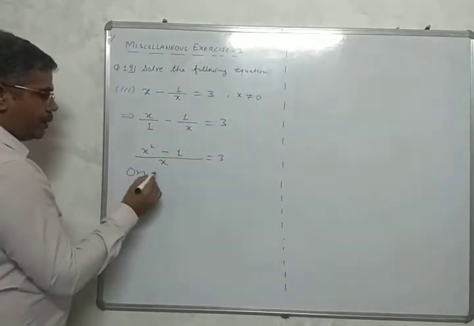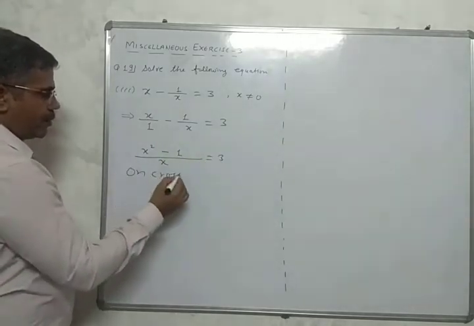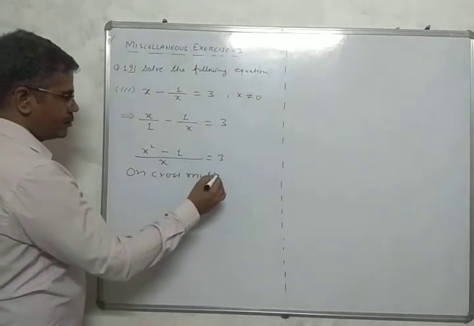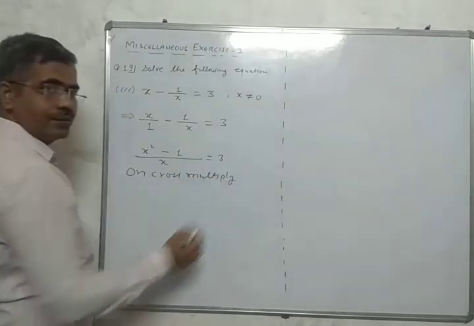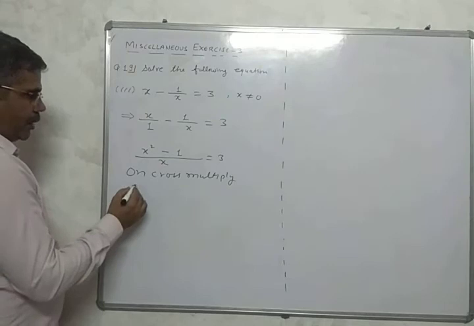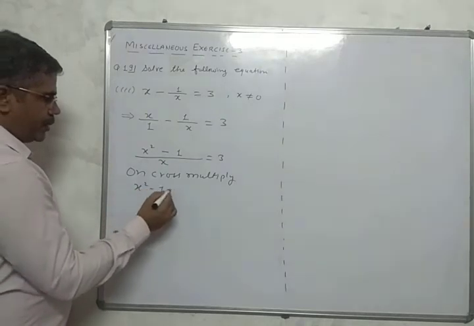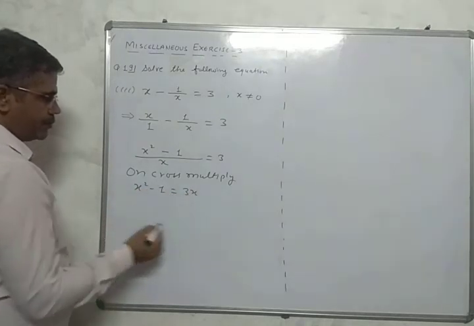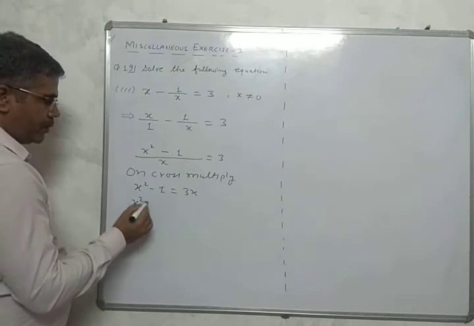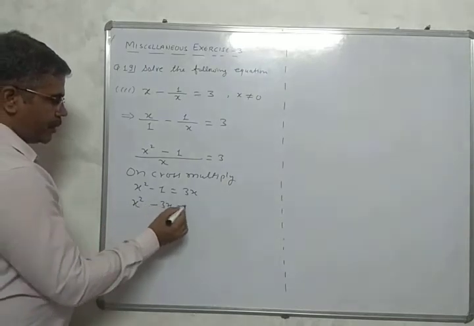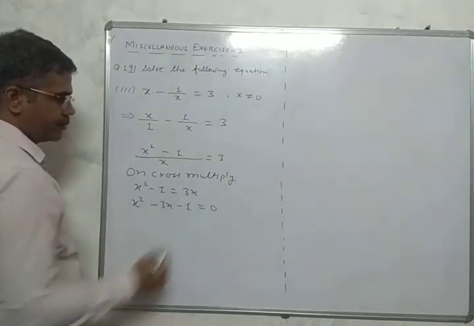On cross multiply, we have x square minus 1 equals to 3x. x square minus 3x minus 1 equals to 0.